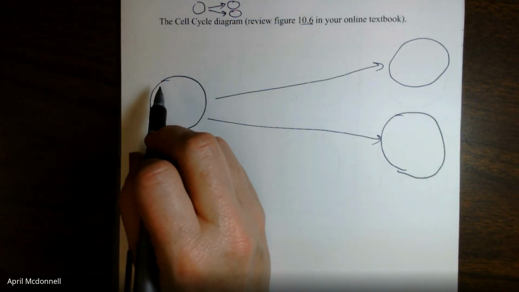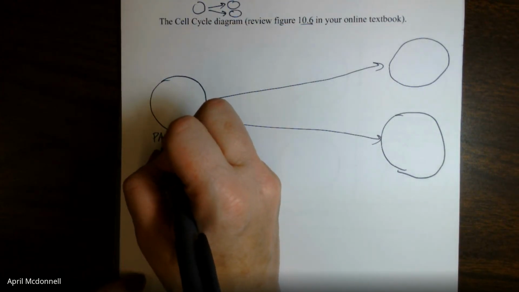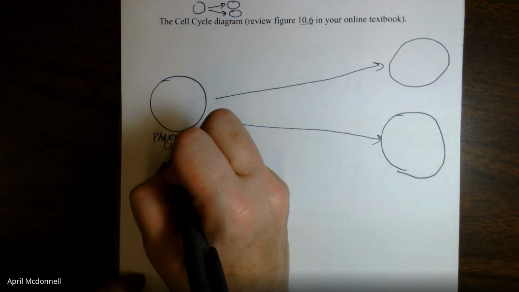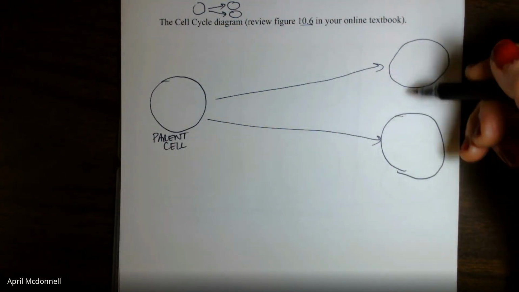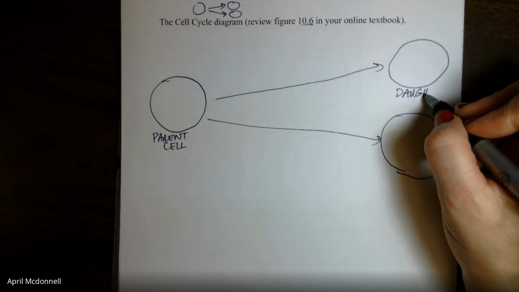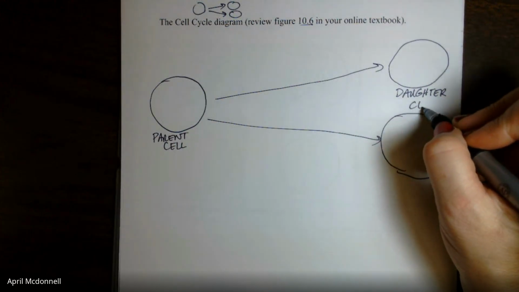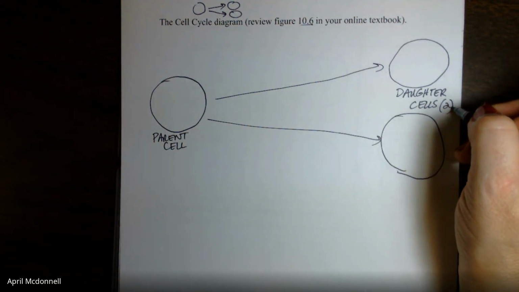So the cell cycle is going to be all of the activities from the initial parent cell. This is our starting cell. You can sometimes think of this as a stem cell. To the cells produced at the end of the process, which we're going to call daughter cells. And there's 2 of them produced.